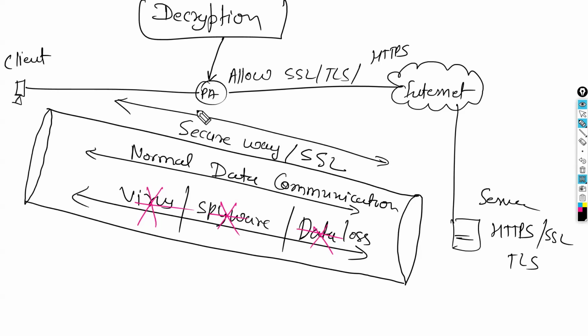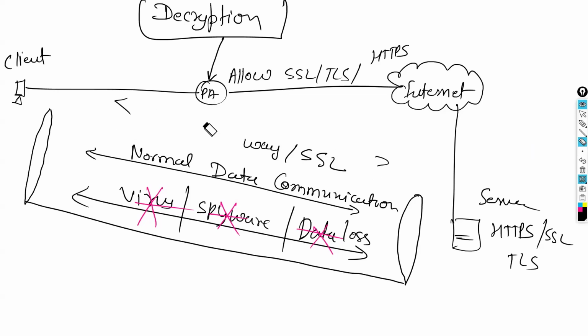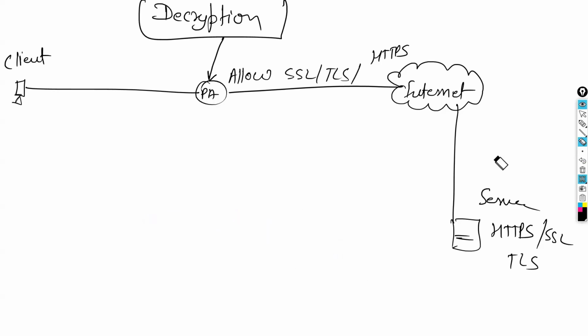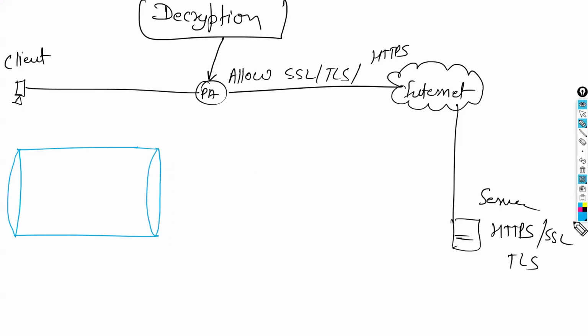When we enable decryption, Palo Alto Firewall will not allow the client to directly establish a tunnel with the server. Then it will work in this way: there will be one tunnel between client and Palo Alto, and another tunnel, Palo Alto to public server.